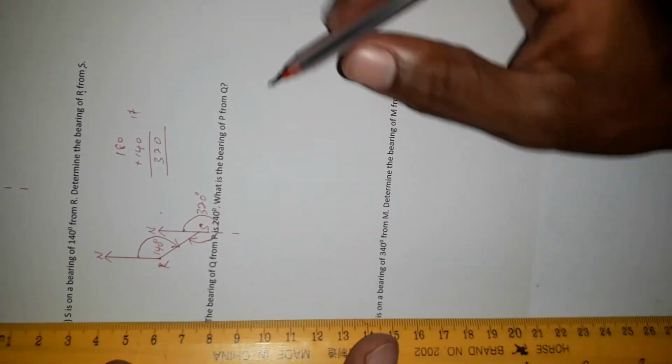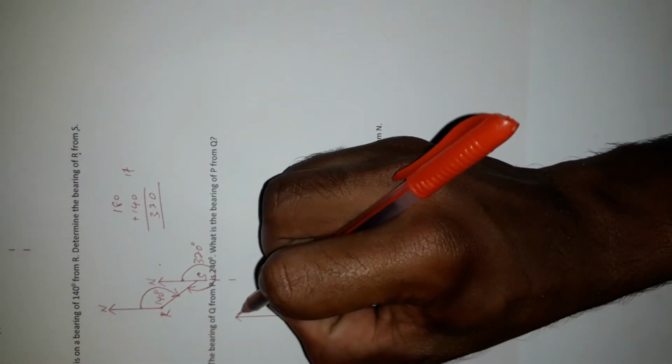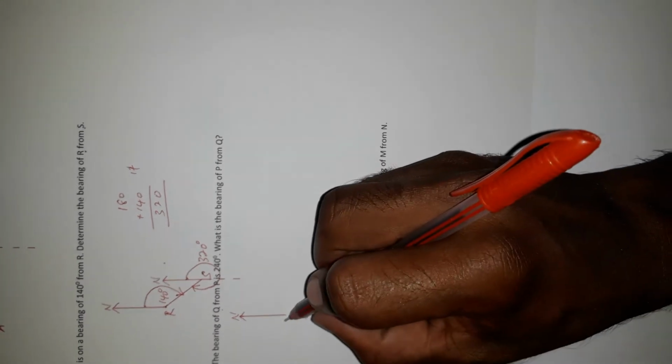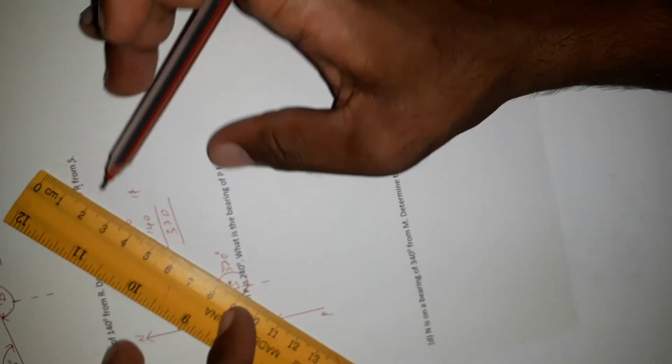Alright, next example. Let me draw my north line first. The bearing of Q from P, so we're starting at point P, is 240 degrees. Okay, looking at this here, 225 is there, 240 should be within that zone.